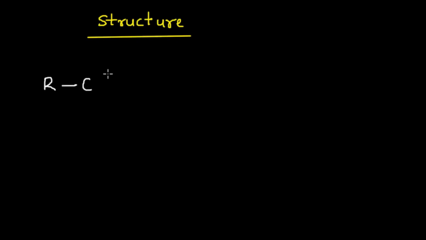So what will be its structure? In carboxylic acids, the bonds to the carbonyl carbon, the carboxylic carbon, lie in one single plane.